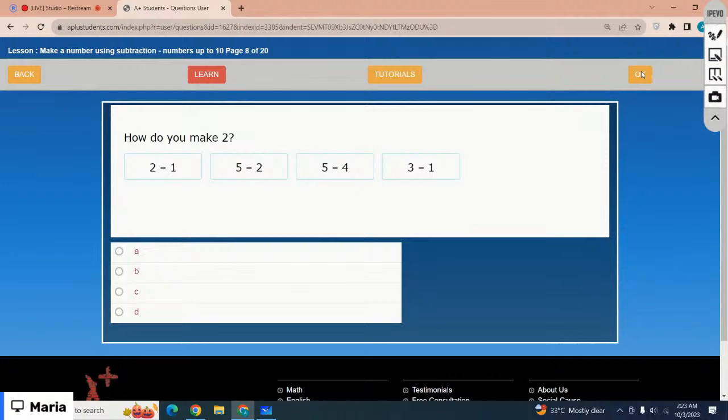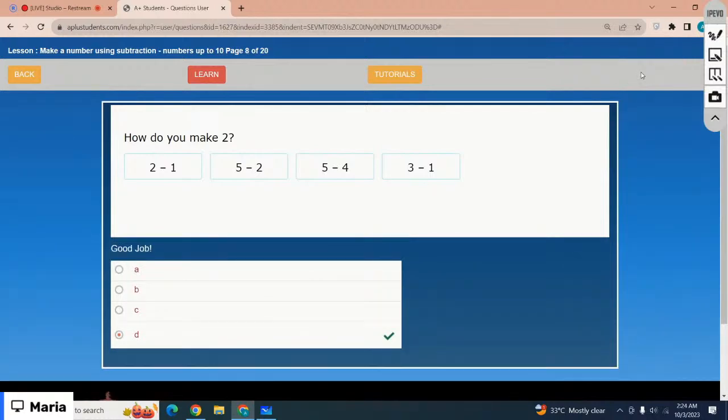The correct option is 3 take away 1, right? That is the only option that makes 2. So the last option is the correct one.